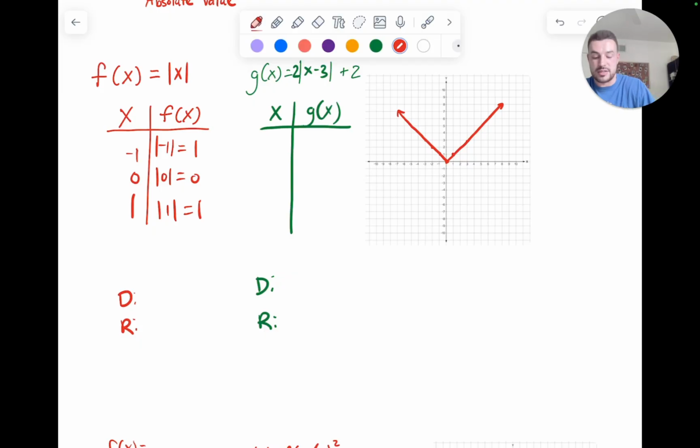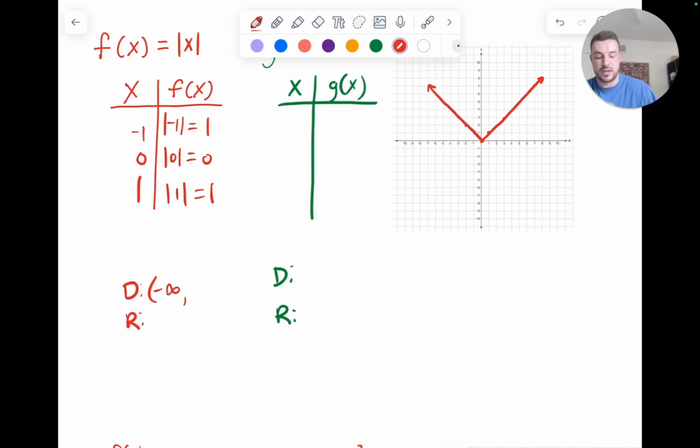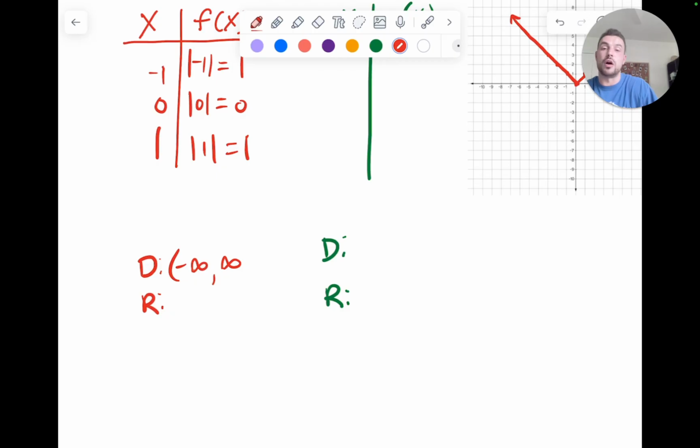So that means we're going to continue to approach the left side and keep going and going and going, which means we're going to approach negative infinity, which I want to put a parenthesis around because infinity, negative infinity, those aren't actual values we can get to. They're numbers that keep growing and growing and growing. So the same idea works to the right. We've got an arrow going up and to the right, but remember, domain is just about left and right. So we're moving further and further to the right, further and further along our positive x-axis, and it's going to keep going all the way to infinity, and again, it gets a parenthesis.